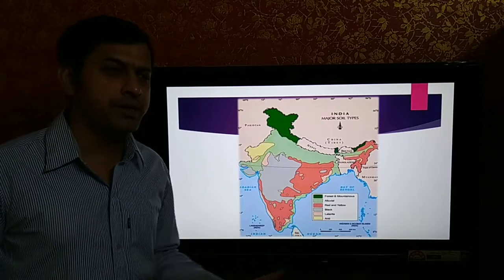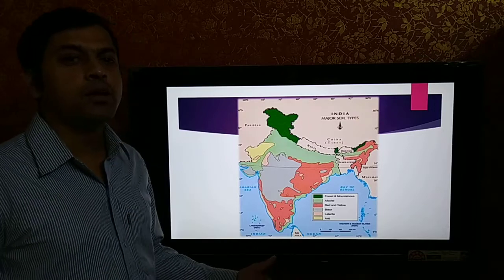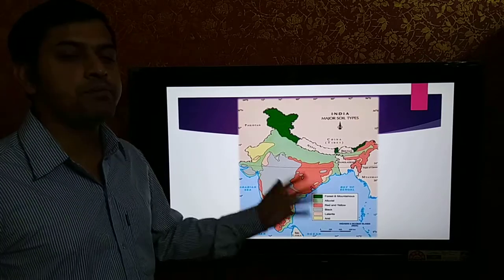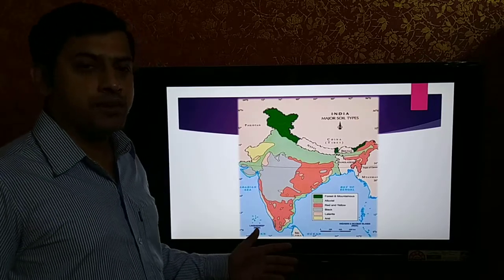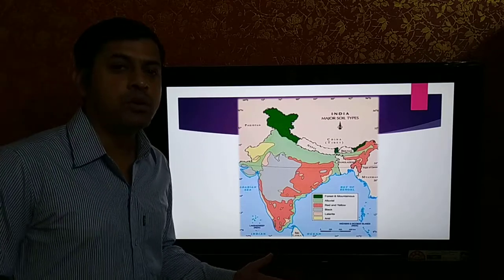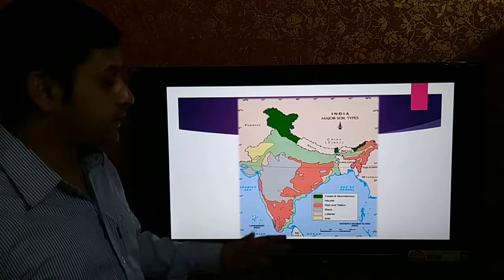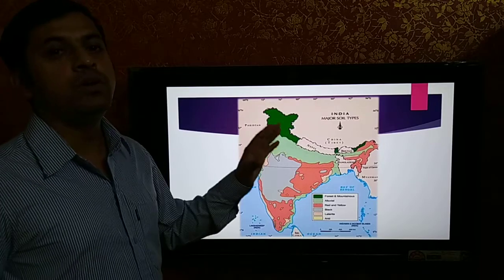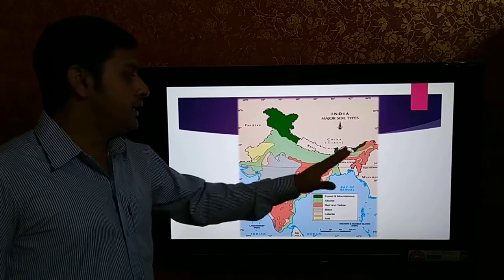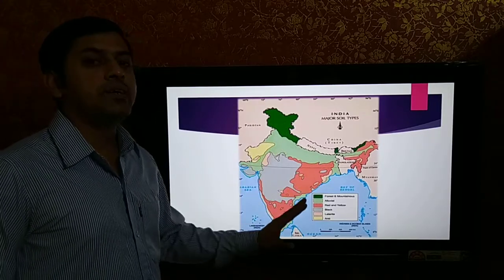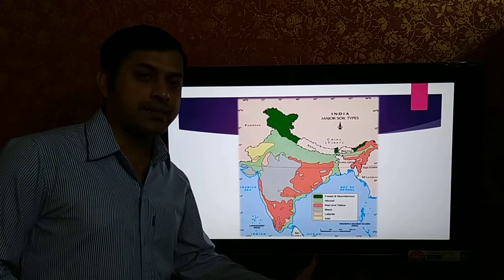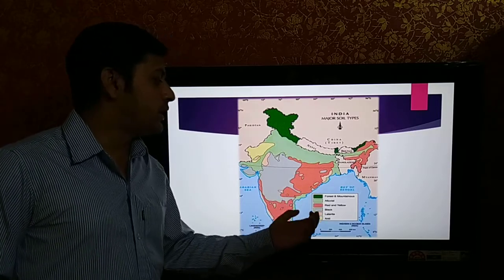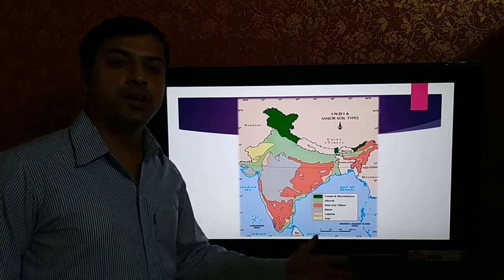You can make an index, you can use symbols. While writing on the map you can use pencils or pens, but don't use pastel or watercolors. And when you color it, don't write anything on it, just make an index at the bottom and, following the color, write what types of soil are given.